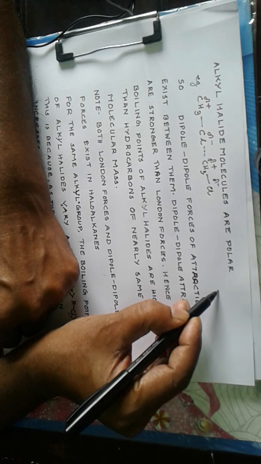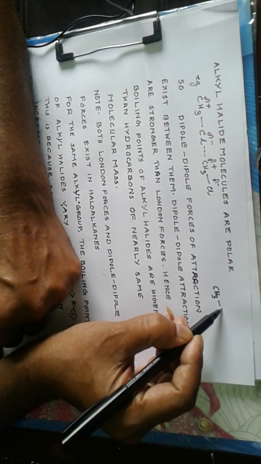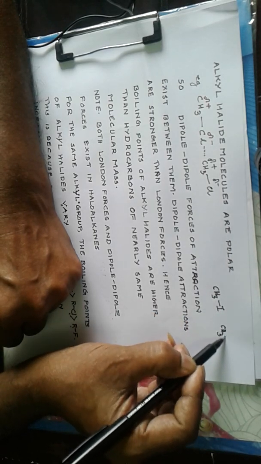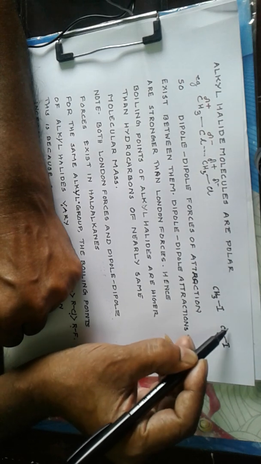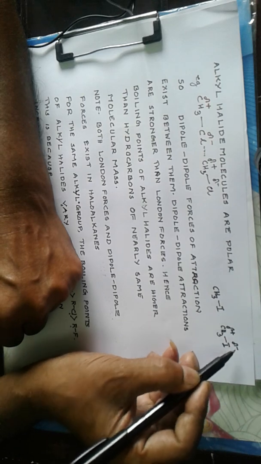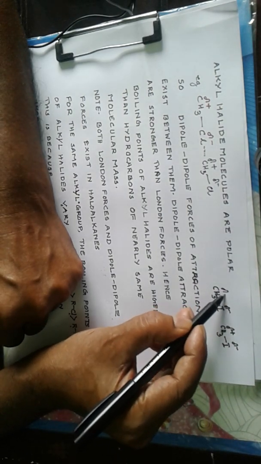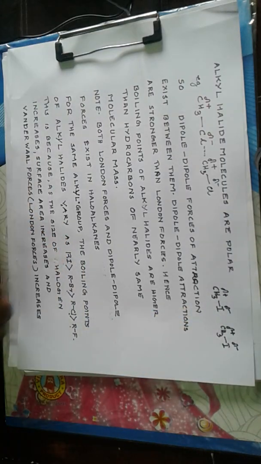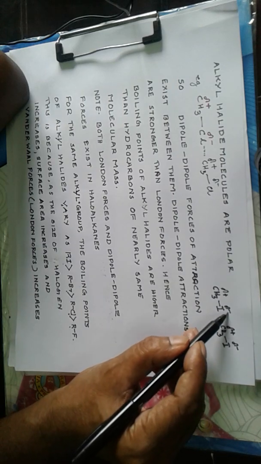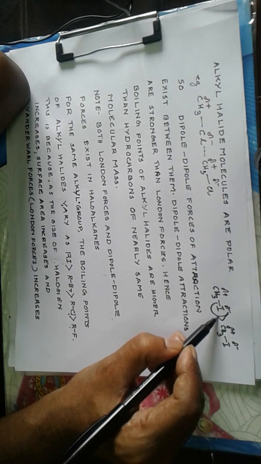Consider two alkyl iodide molecules, CH3I and CH3I. Here there is delta positive charge over carbon and delta negative charge over iodine. Now this delta positive carbon will distort the electron cloud of iodine towards itself.